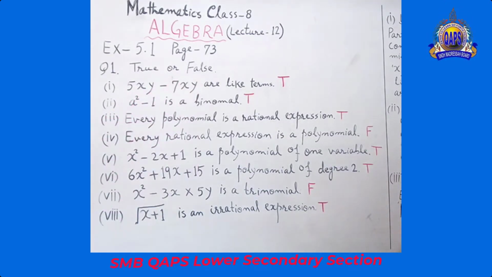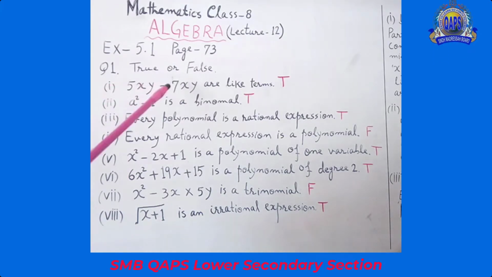You see, this thing is called coefficient. Here the coefficient is 5, here the coefficient is 7. It doesn't matter. Coefficient, whatever it may be. You understand what I am saying? Do not worry about the coefficient.